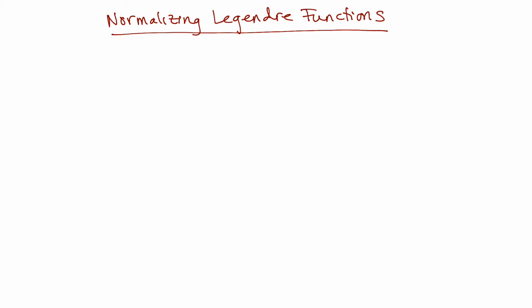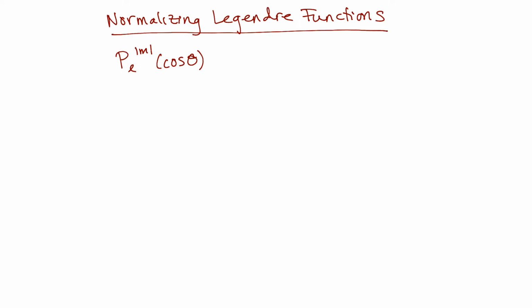Okay, so now we're going to normalize the Legendre functions. So we'll just use the general form of our Legendre function, that p sub l to the absolute value of m, and we know that they are functions of cosine theta. Okay, so that's going to be our general form of our Legendre function.